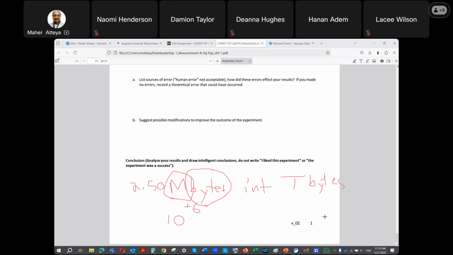Why would we know that? Mega, capital M is the code, and the value of this code here is 10 plus 6, correct? How about tera? 10 plus what?